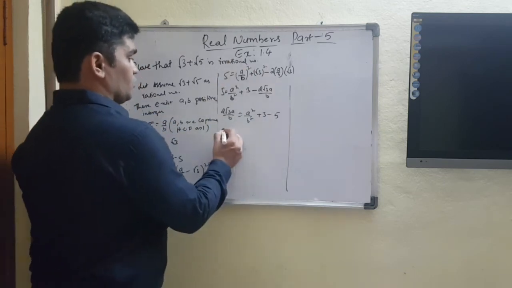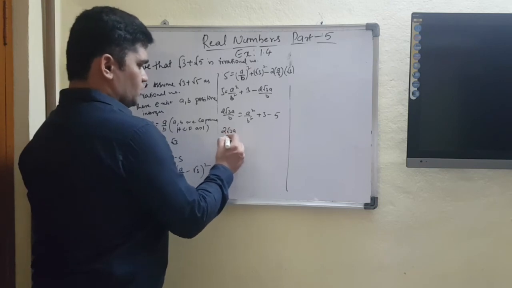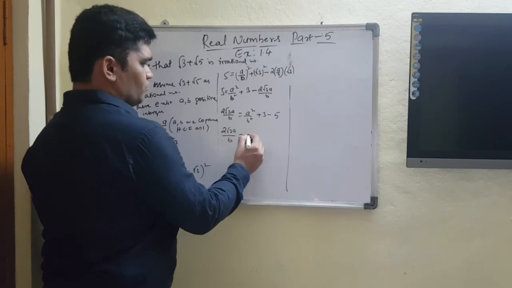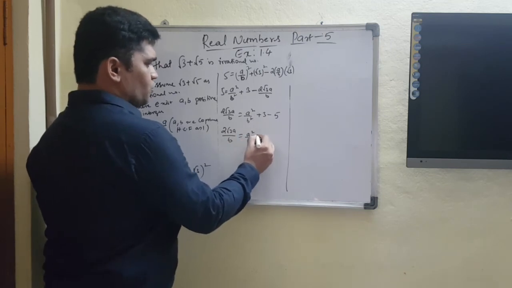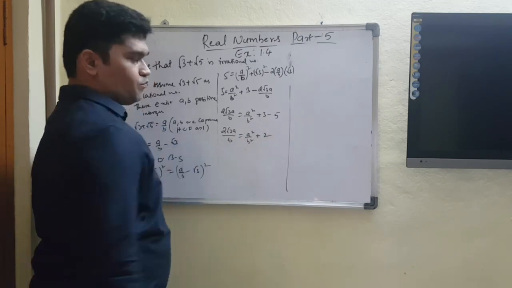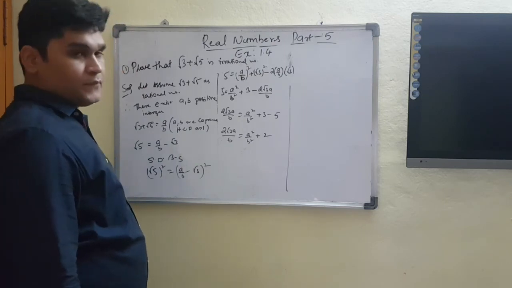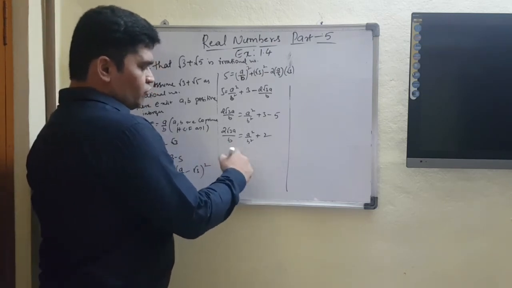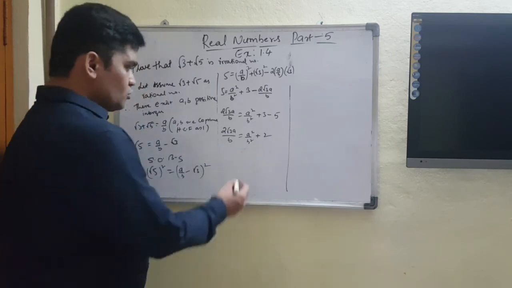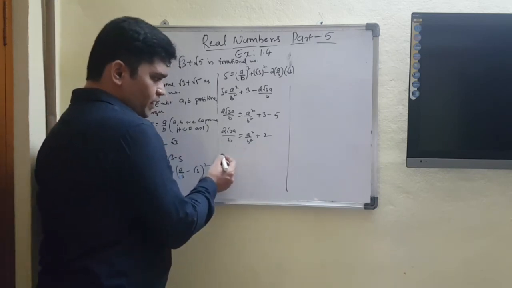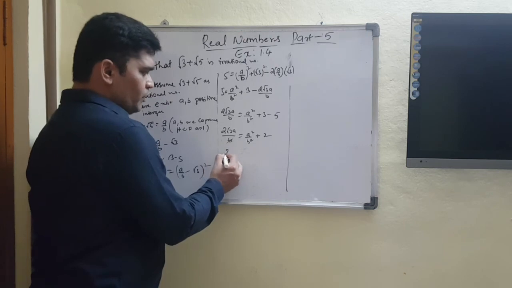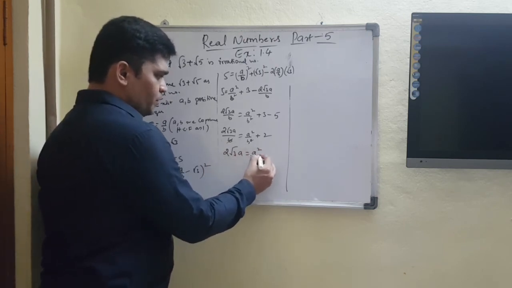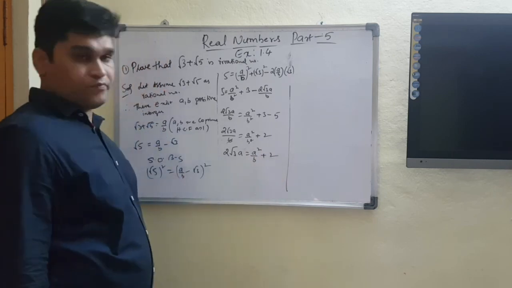Okay, 2 root 3 a by b equal to a square by b square minus 2. Am I clear? Now if you check, denominators on the equal side are same, right? So from b square, a single b I am going to cancel, so it will be 2 root 3 a equal to a square by b minus 2.